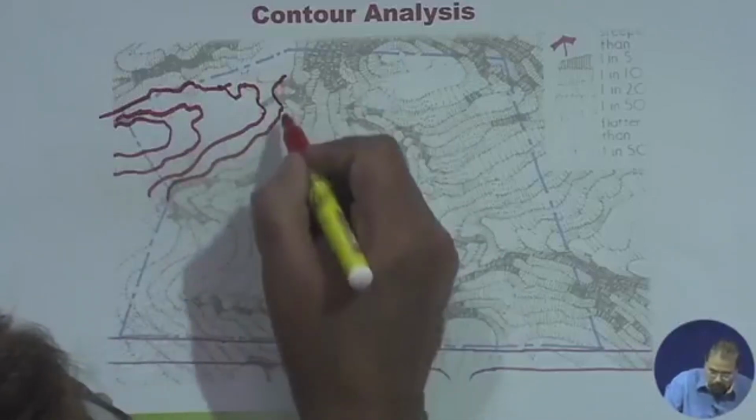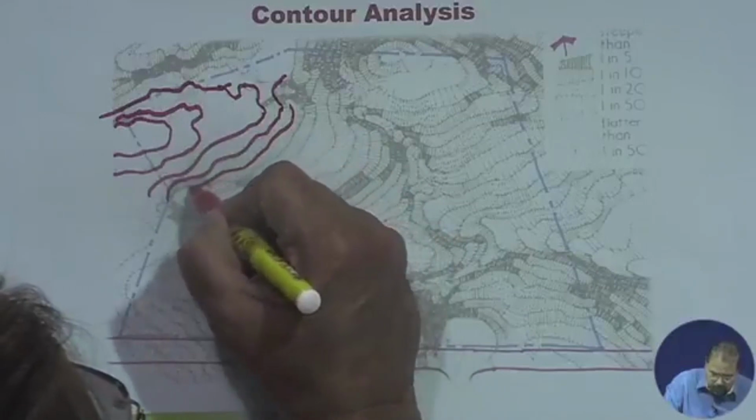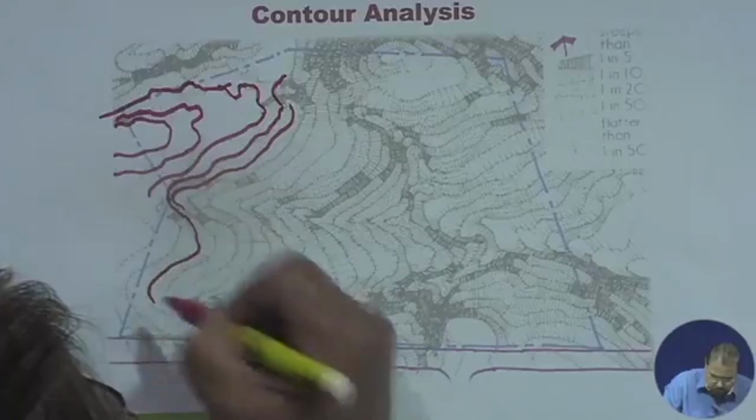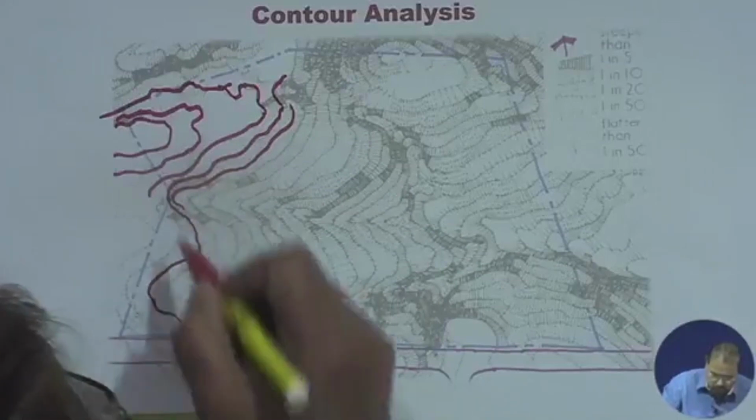I am not drawing much more, just to give an idea. If you follow the drawing, you can definitely make out where the contour lines are going, but I will focus your attention on something else.